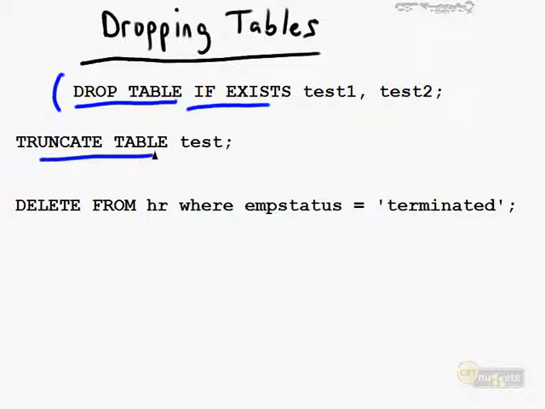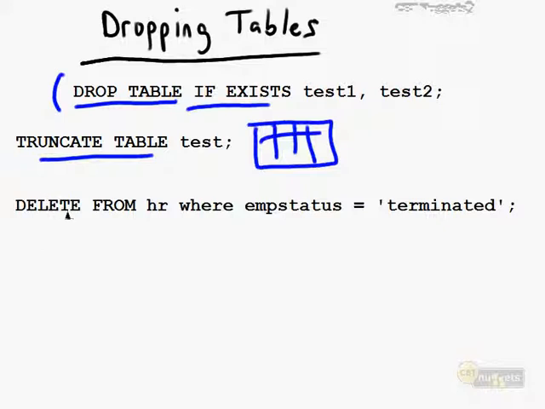So truncate table test would ensure that the skeleton, the column definitions, and the data files and index files and so on still exist for the table, but certainly any row data that was there would be gone. This is a nice command to use if you're working in an experimental environment, a development environment, or testing environment, and you want to save yourself some disk space or just reset a table to its initial pristine state.